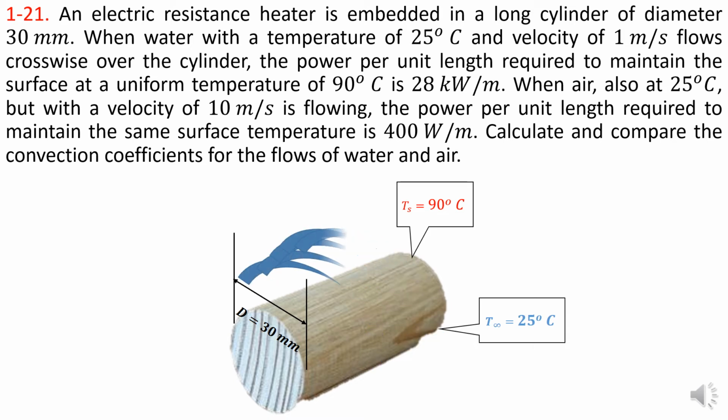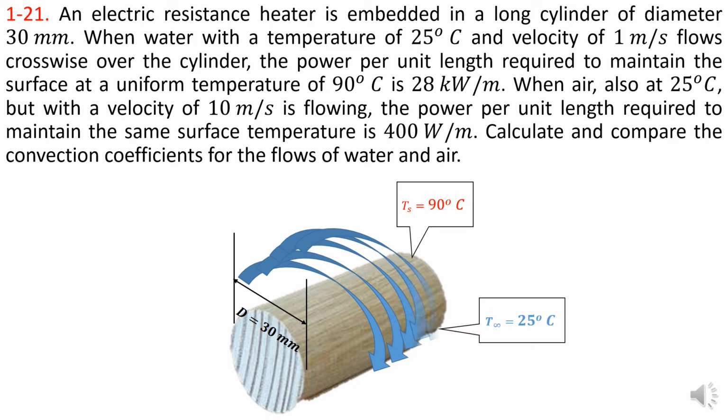It means we require 28 kilowatt per meter power in order to maintain the temperature of the cylinder at 90 degrees centigrade when water with a velocity of 1 meter per second and a temperature of 25 degrees centigrade flows over the cylinder. But when we change the fluid from water to air, flowing with a velocity of 10 meter per second at the same temperature of 25 degrees centigrade, the power required to maintain the same temperature of 90 degrees centigrade is 400 watt per meter.